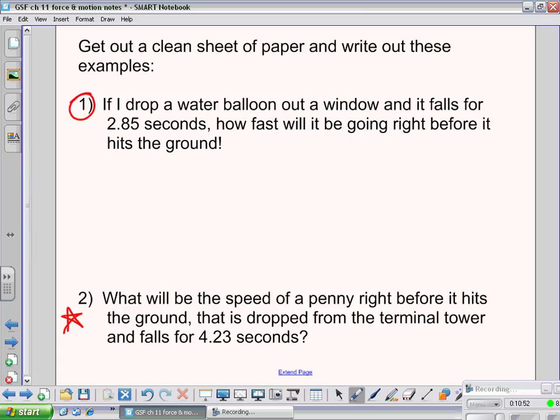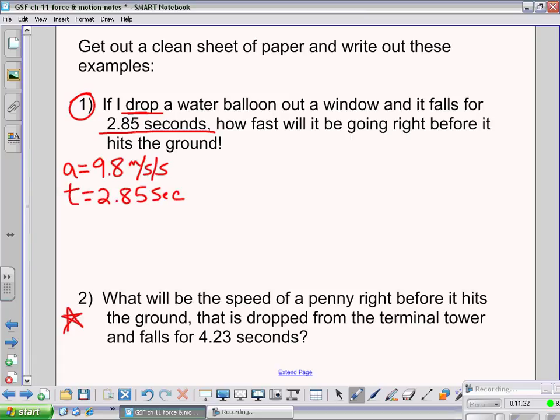You read your question. If I drop a water balloon, as soon as you see the word drop and they're saying that it's falling down, we know that our acceleration is that number we memorized, 9.8 meters per second squared. And it says, I drop a water balloon out a window and it falls for 2.85 seconds. 2.85 seconds is the time.